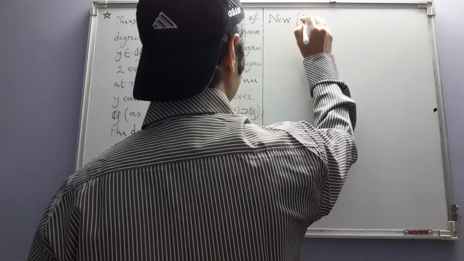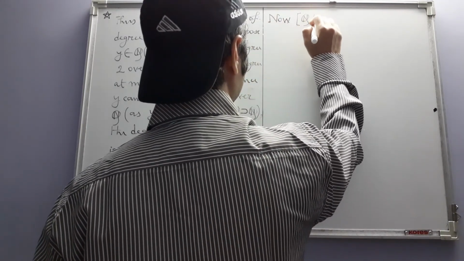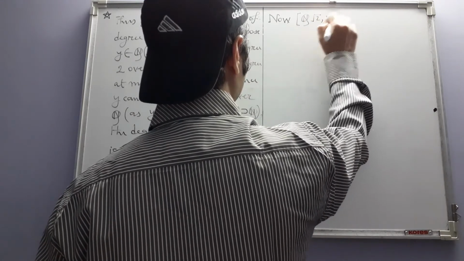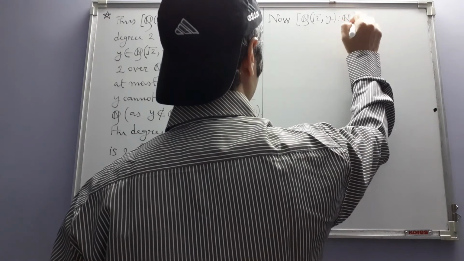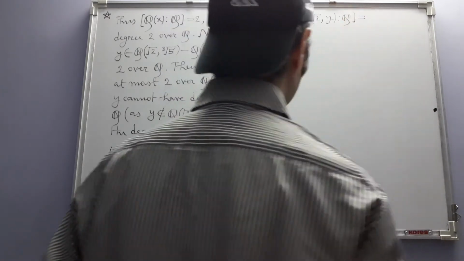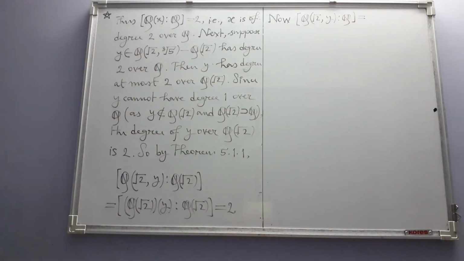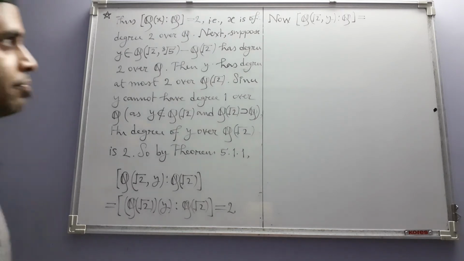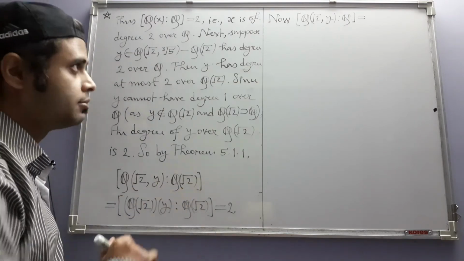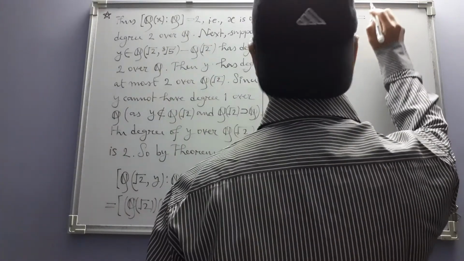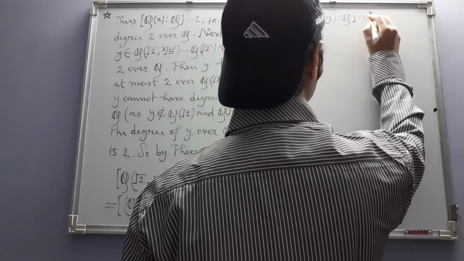Now, what is the degree of this thing over Q? This is equal to this degree. In fact, let's just write that because we are going to use it now.